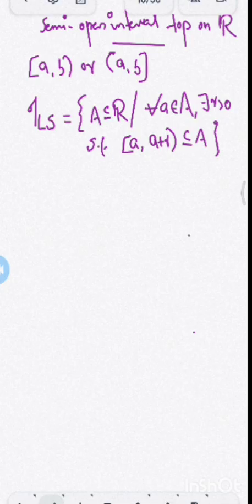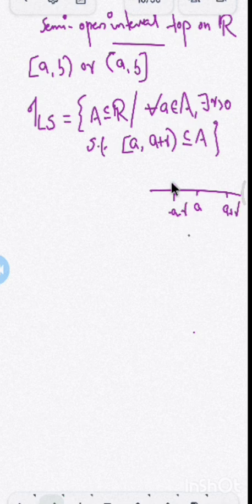This is very similar to the previous one, the usual topology. There the interval was of the form (a − r, a + r). A is here, a − r will be here, and a + r will be here. In the usual topology, we need these kinds of intervals. Here in tau ls, we need only this kind of interval, this one. This is our tau ls, and I define tau rs.